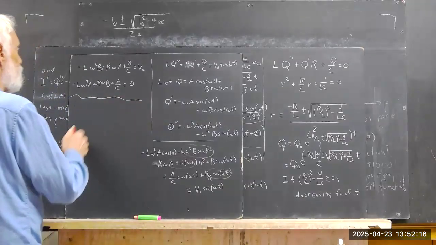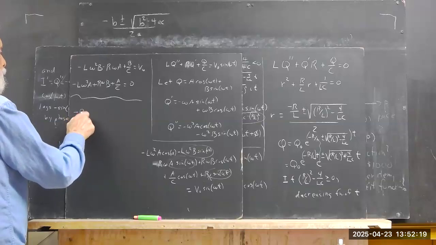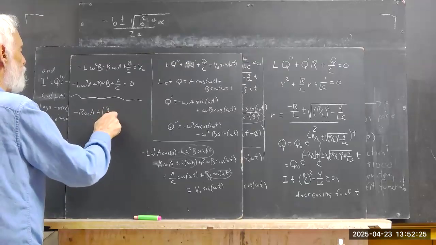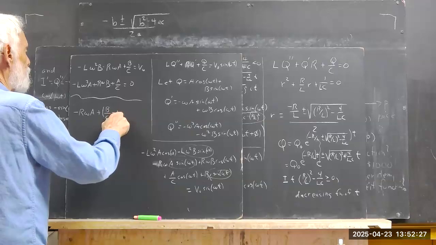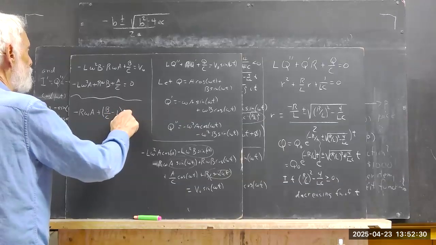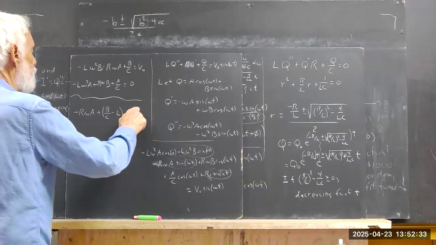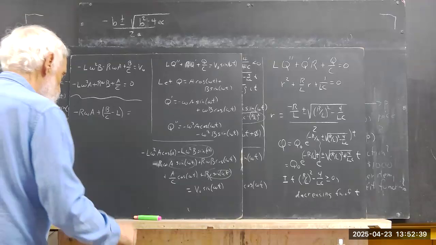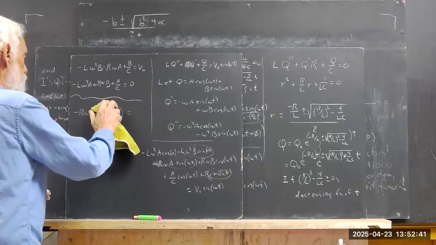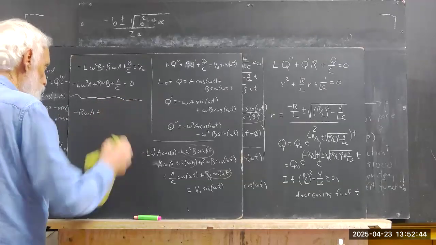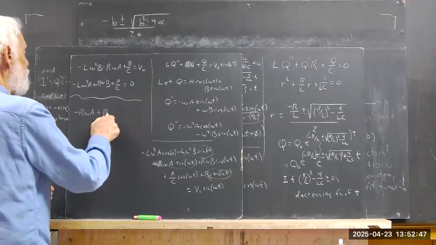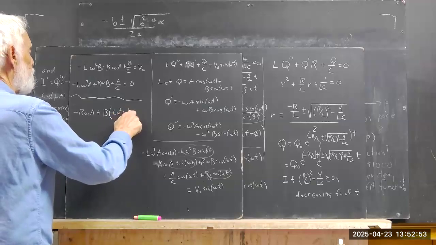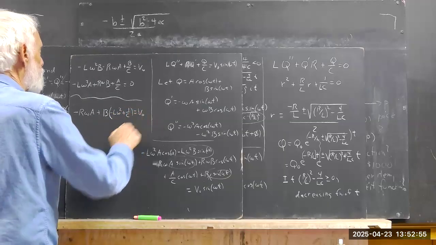So we can simplify the equations a little bit. We have R omega A plus B times negative L omega squared plus 1 over C equals V naught.